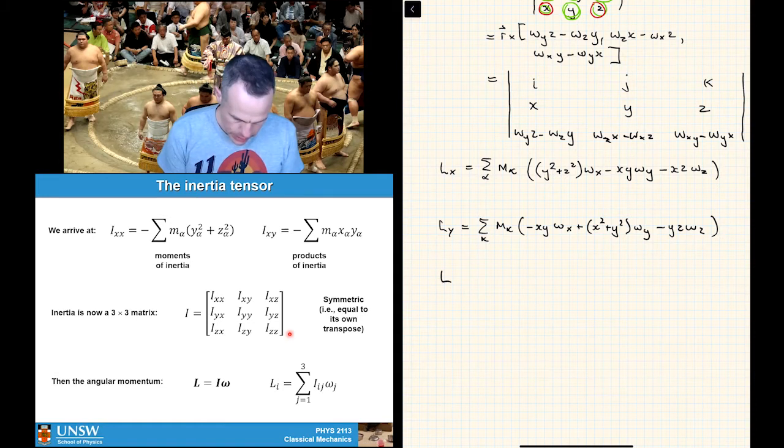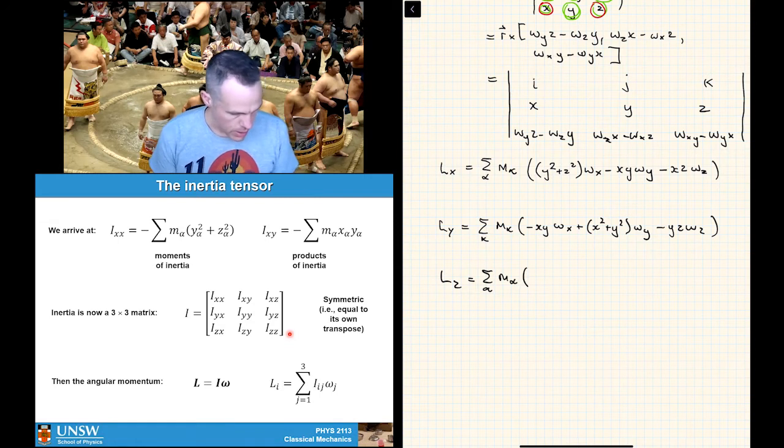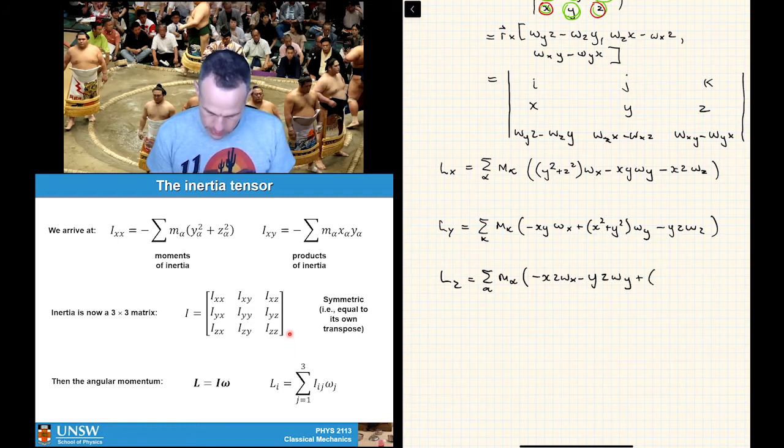And I'm going to have an LZ down here, and it's going to be sum over alpha m alpha, minus x z omega x minus y z omega y plus x squared plus y squared omega z.